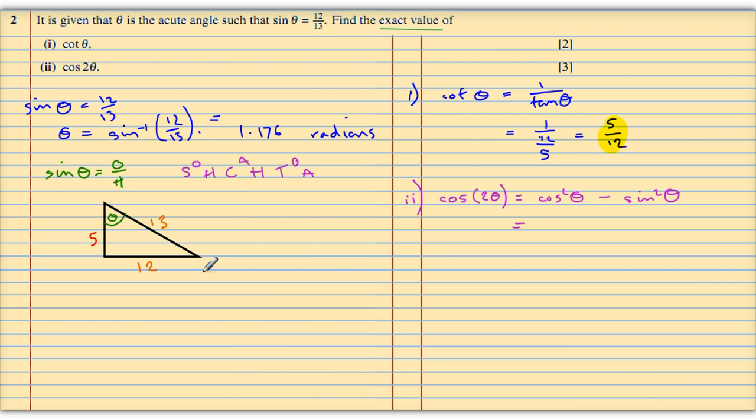So we know cos theta is adjacent over hypotenuse, so that's 5 over 13 squared, minus sine squared theta. And sine theta is 12 over 13, so that's minus 12 over 13 squared.